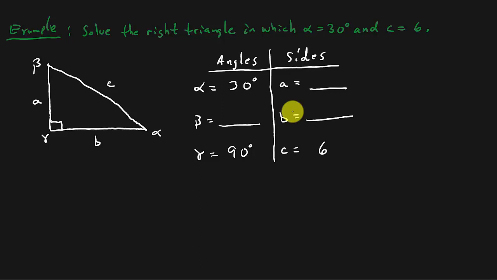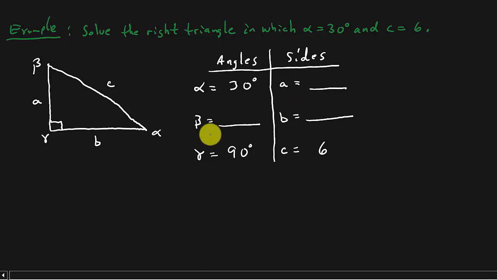All right, so let's go ahead and find beta. Well, I know that all the angles of a triangle add up to 180.